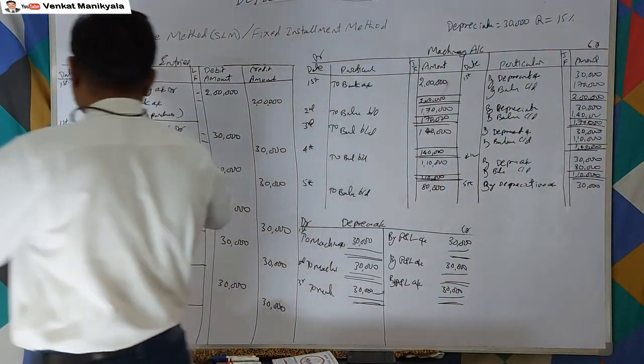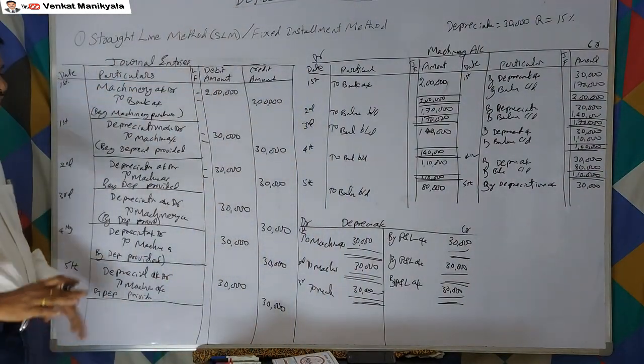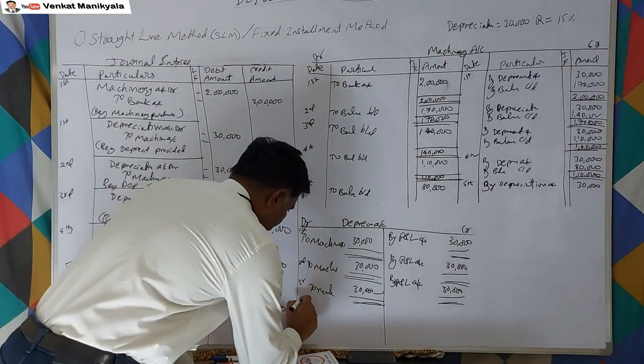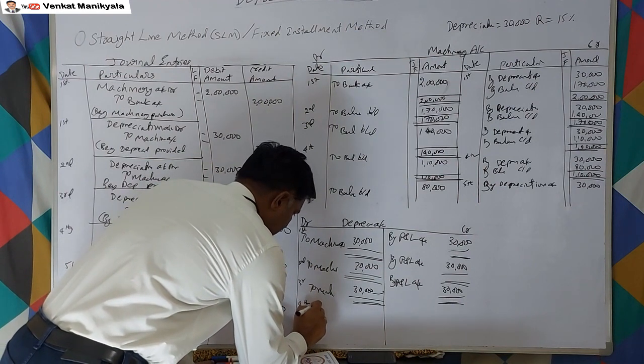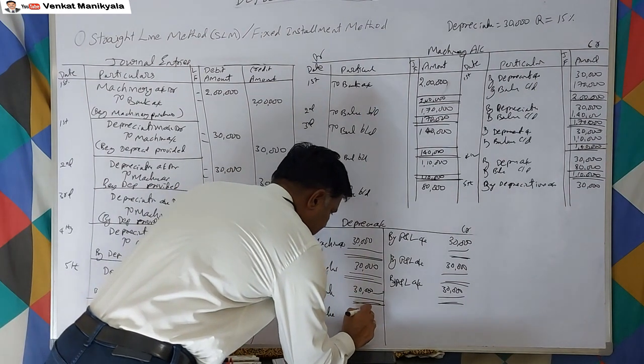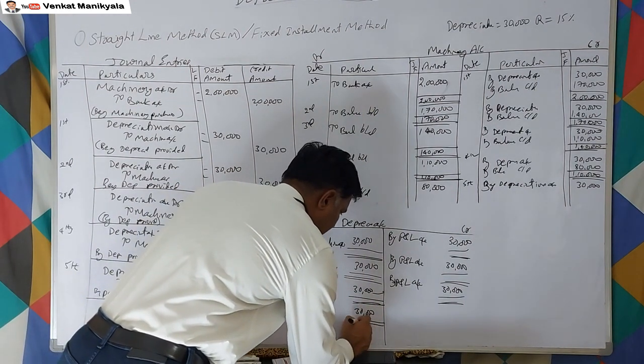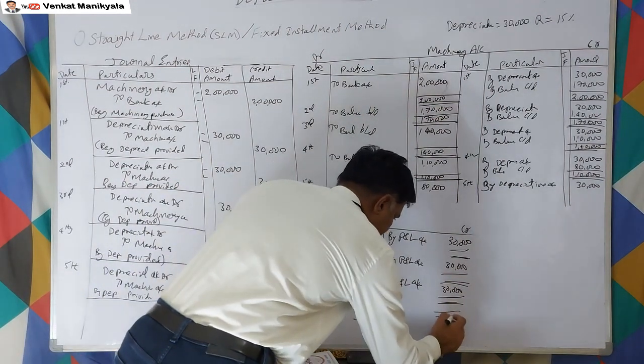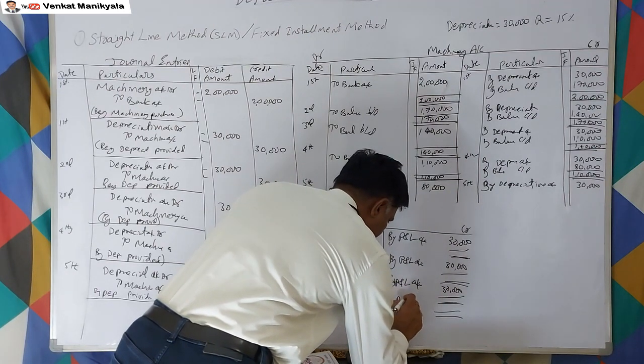So after this, every year is normal, but for the fourth year, fourth year also we have to do to machinery account 30,000, that we have to close by transferring this to P&L account.